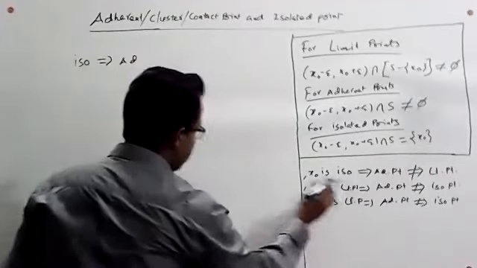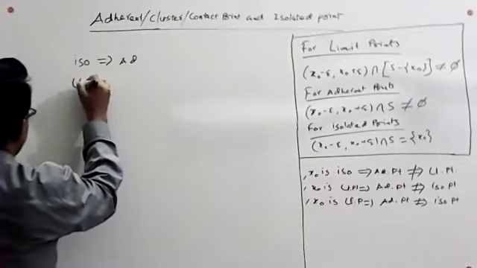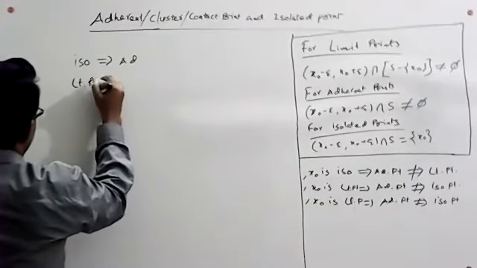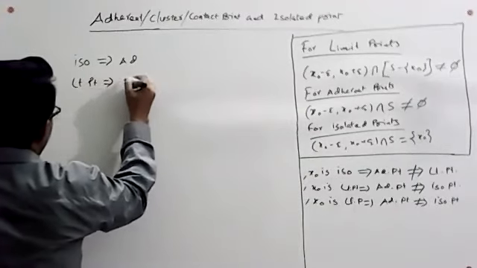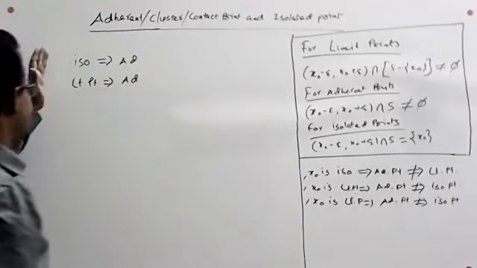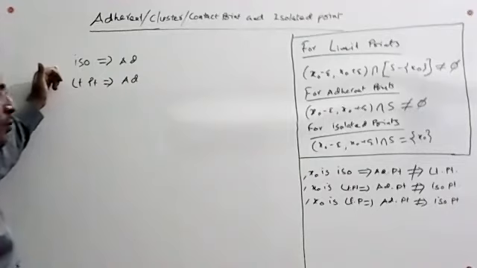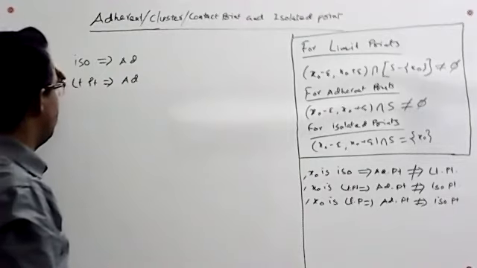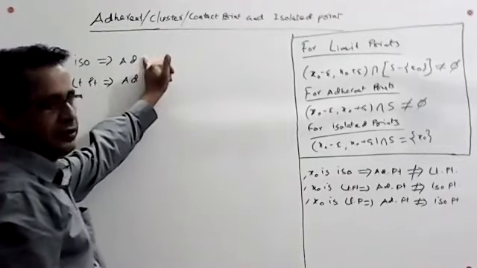A limit point is also an adherent point. So if a point is an isolated point of a set, this point will also be an adherent point of this set.